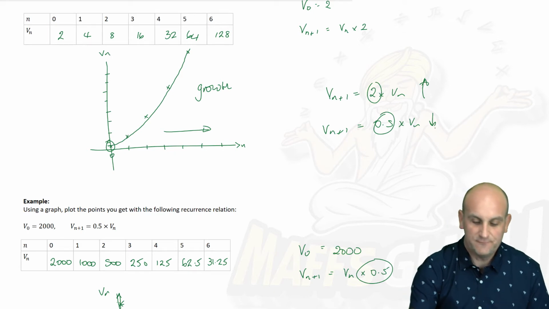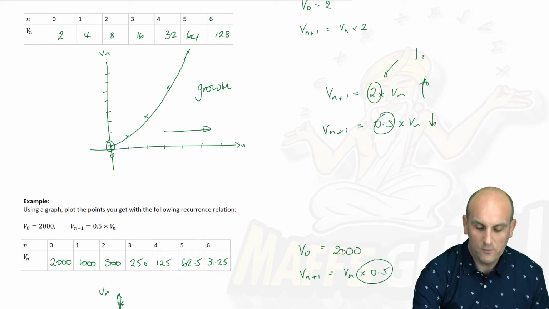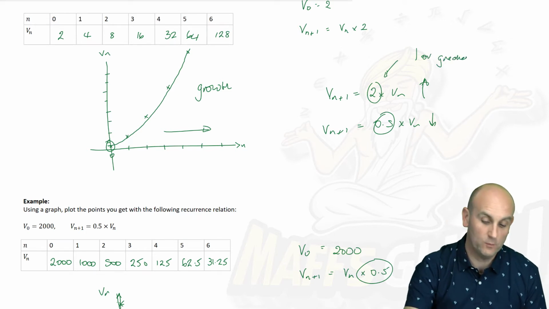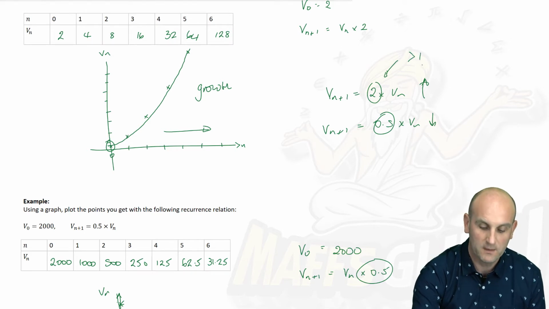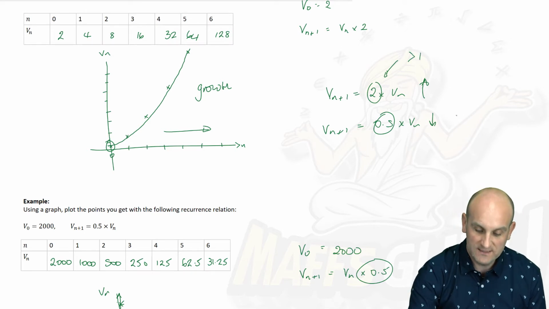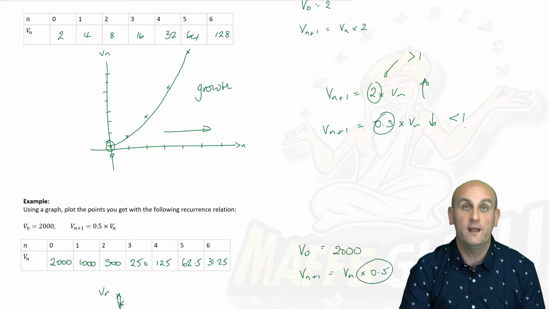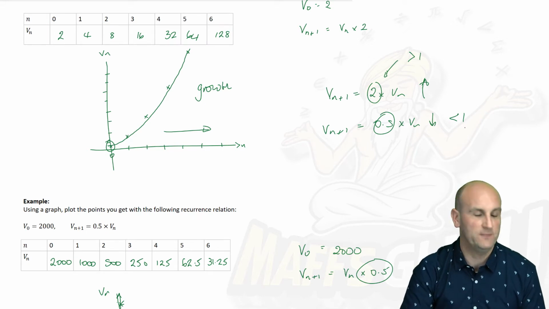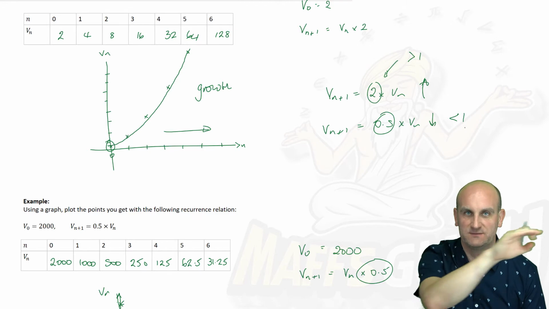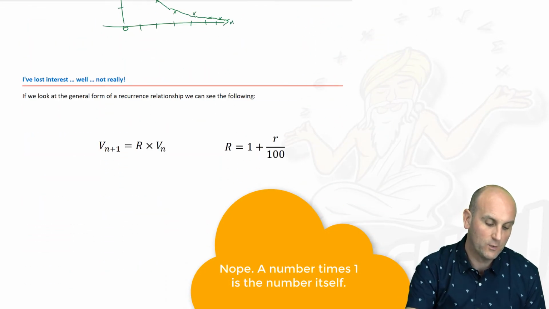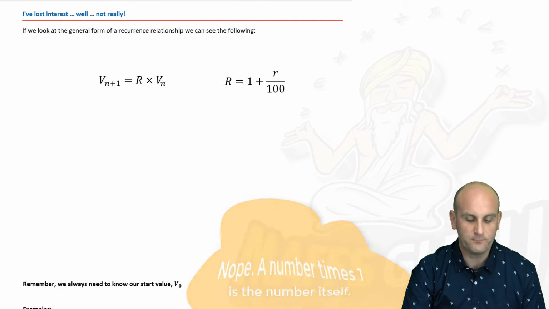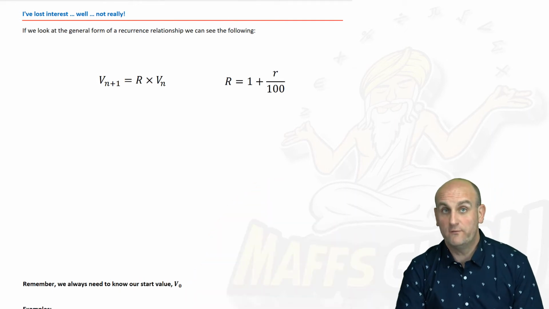And the trick is, if that value there is greater than 1, we will grow. And if it is less than 1, we will always decay. If it's equal to 1, then trust me, nothing happens, it just becomes a flat line, because anything times 1 is itself. And that's going to come up quite important, really. Now, what's the general form of a recurrence relationship?